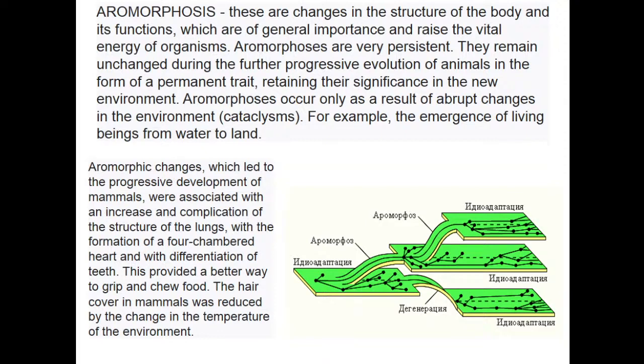For example, the emergence of living beings from water to land. Aromorphic changes which led to the progressive development of mammals were associated with an increase and complication of the structure of the lungs, the formation of a four-chambered heart, and the differentiation of teeth.